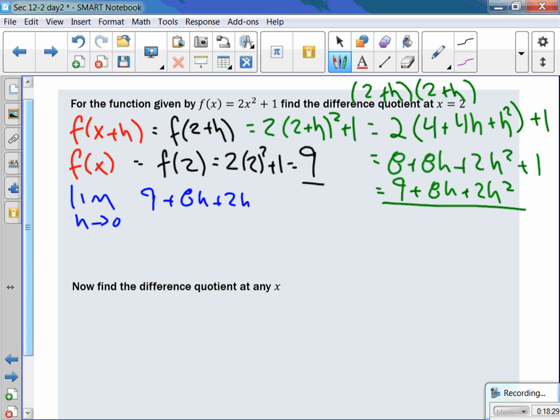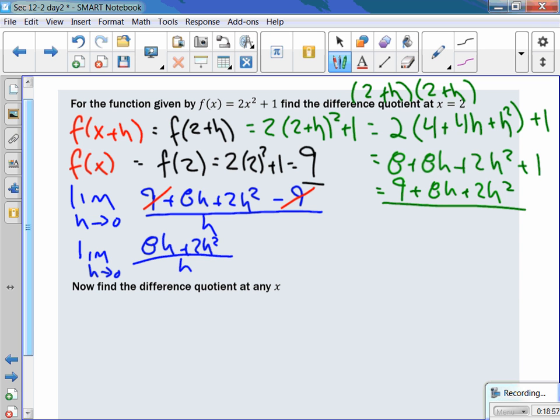Minus my f of 2 all over h. What happens? Now we have the limit of 8h plus 2h squared over h as h goes to 0.